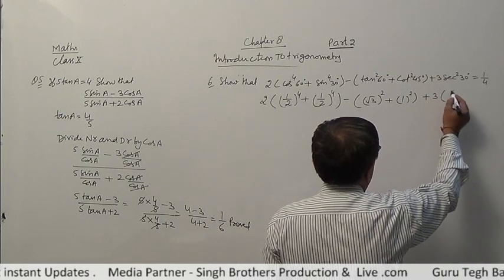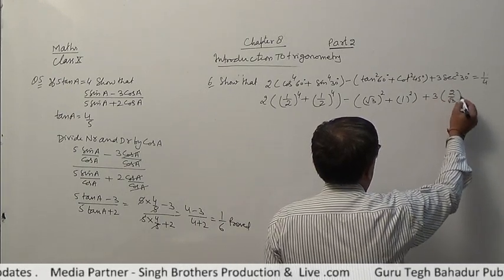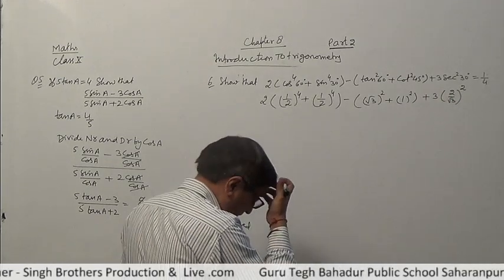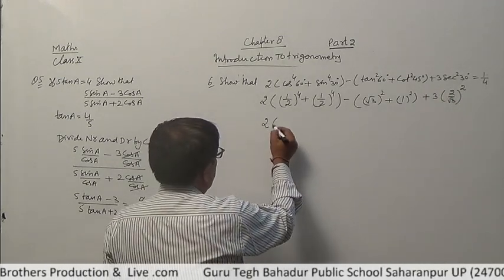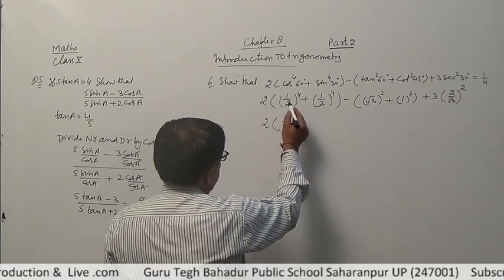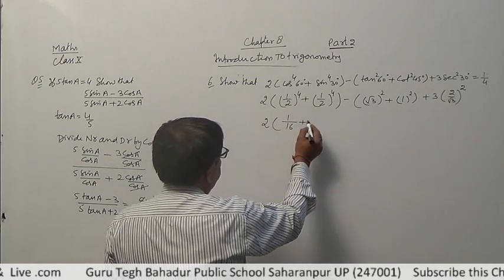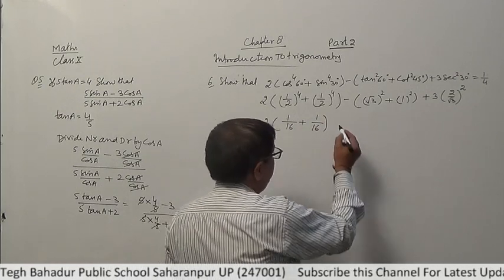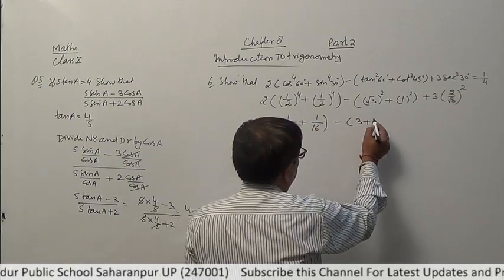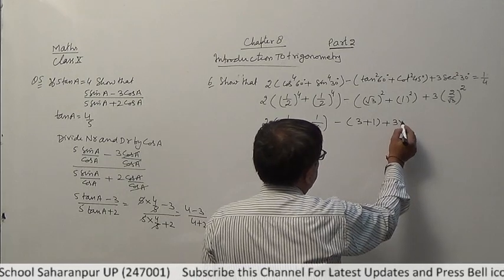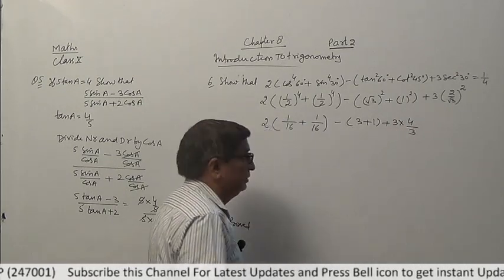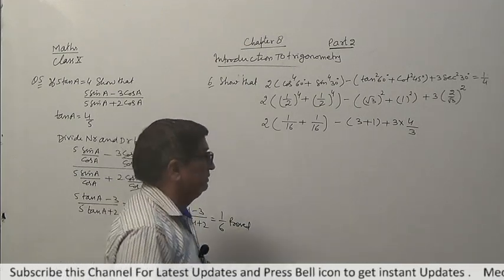Sec 30 is 2 upon root 3, power 2. 1 power 4 is 1, 2 power 4 is 16. 2 power 2 is 4, root 3 power 2 is 3.